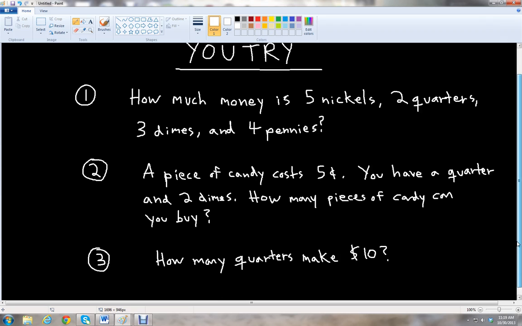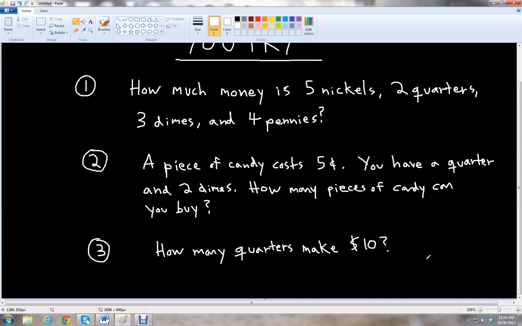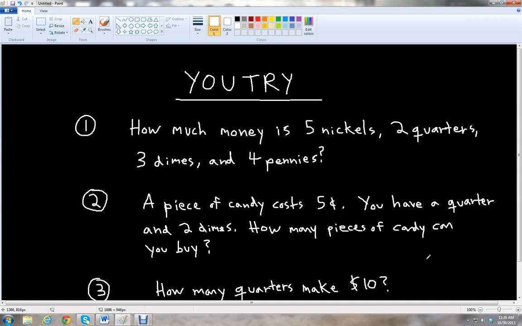And then the last problem asks, how many quarters make $10? So we learned earlier in the video how many quarters make up $1. So we can use this idea to see how many quarters will make $10. And I will give you a chance to work on these.